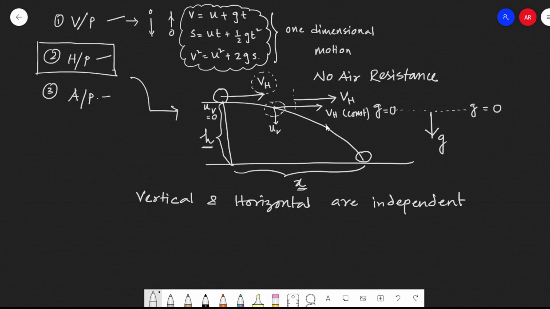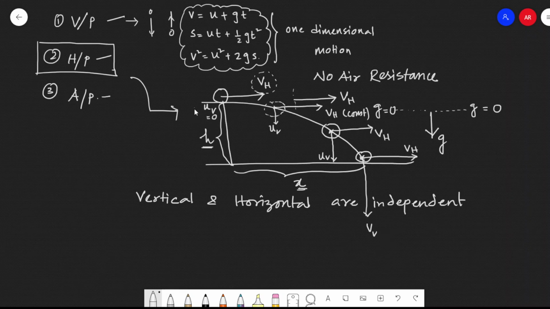Next second, suppose this is where the ball is, and its vertical velocity increases even more, but the horizontal velocity stays the same as before. And at the point when it hits the ground, its horizontal velocity still stays the same, the vertical velocity is maximum, and this is the final vertical velocity.